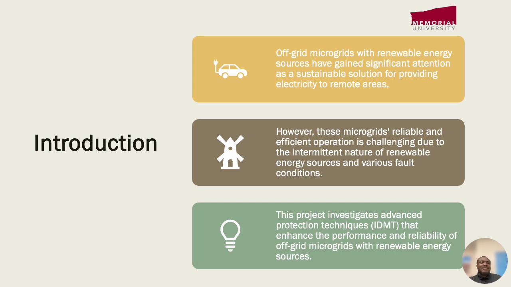But if it is a slight variation, one that is not so much of a disturbance to the power system, then this relay is a bit slow in terms of reaction and would react as soon as the variation changes.